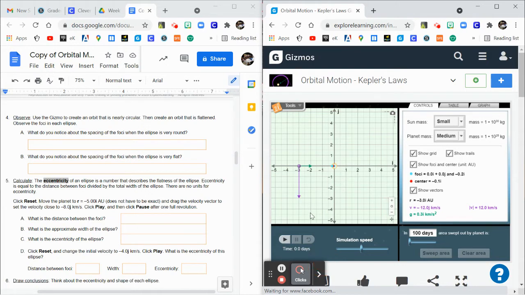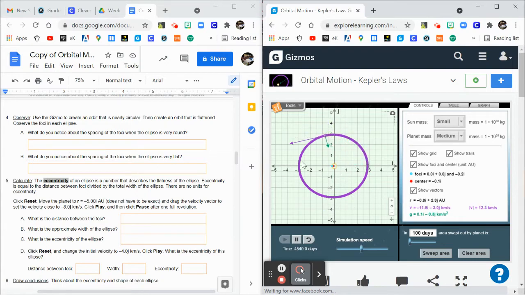So let's take a look here. The foci are very close, right? And it seems as if it's a circle. It seems to be as close as it can get to a circle.